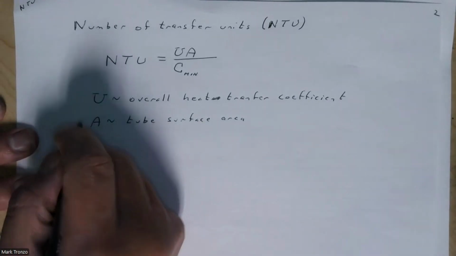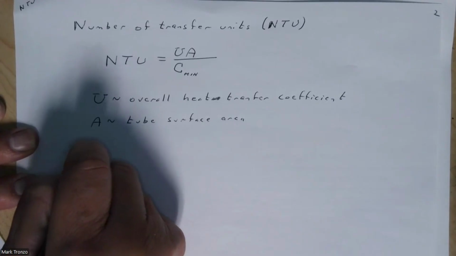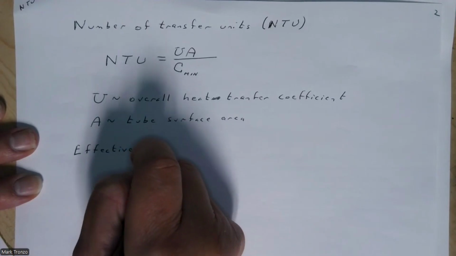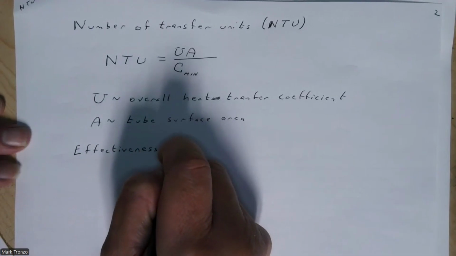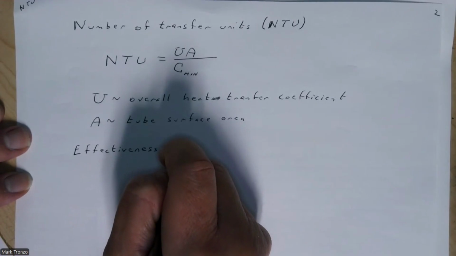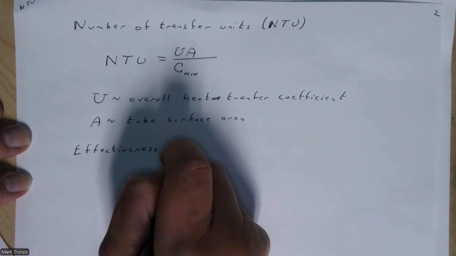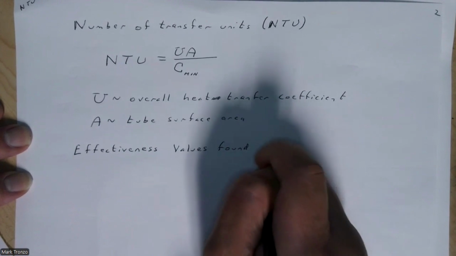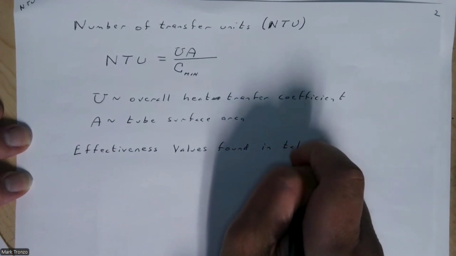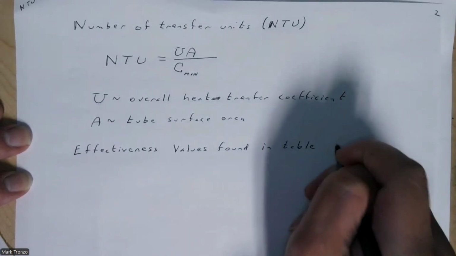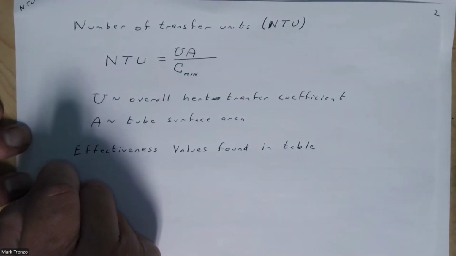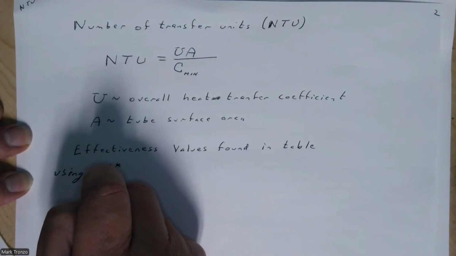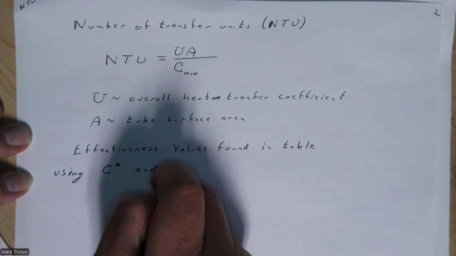Usually we're going to have to look up effectiveness in the table, using C star and NTU.